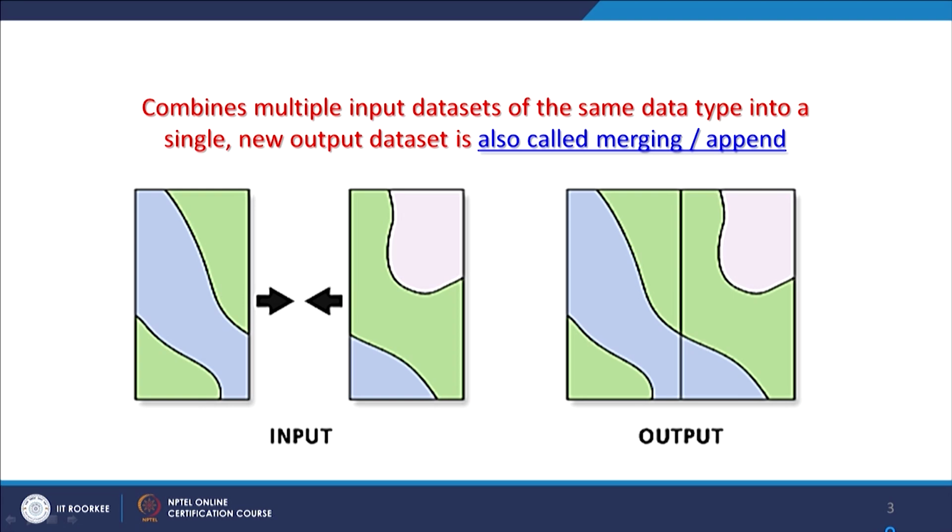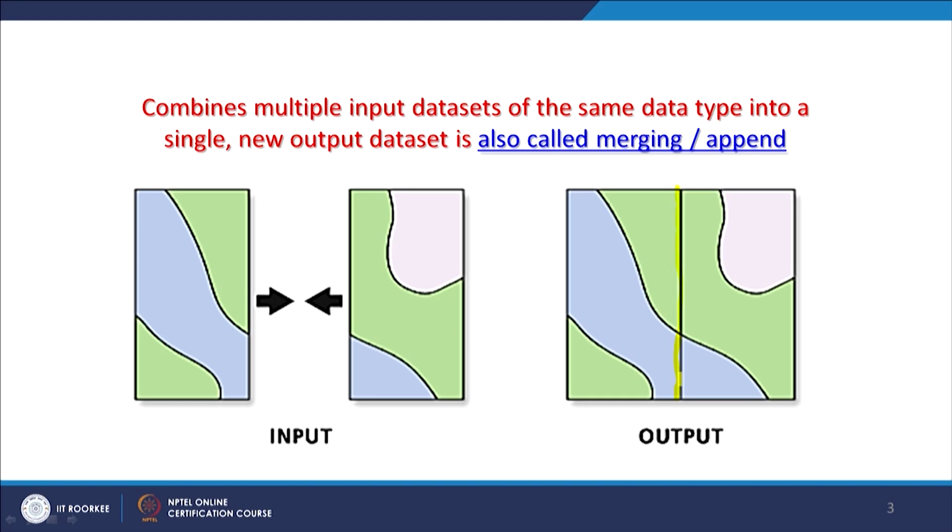Nonetheless, merging is sometimes also a word used, but merging or making a mosaic is bringing two adjacent scenes together, like in this figure shown here, where two adjacent scenes are here, and then the output is created. But the output currently has a seam, whereas the seam should not have been there.